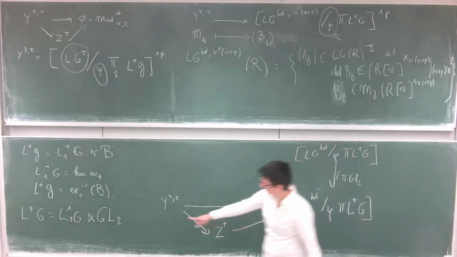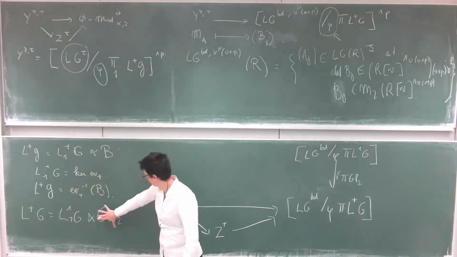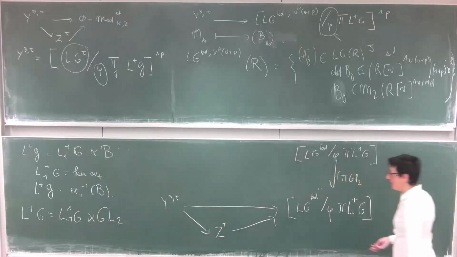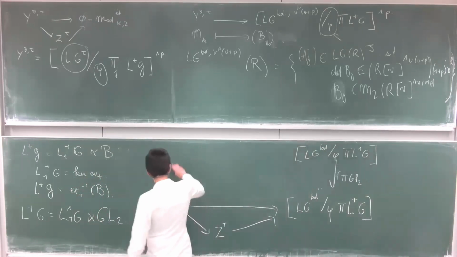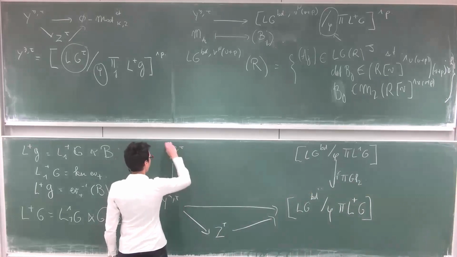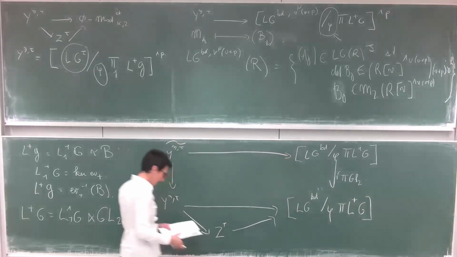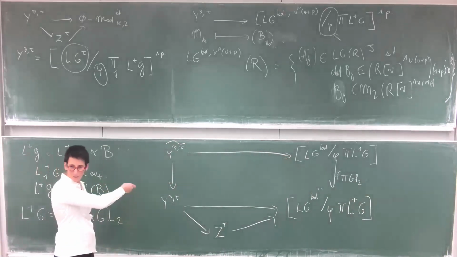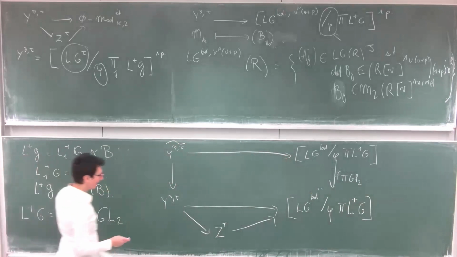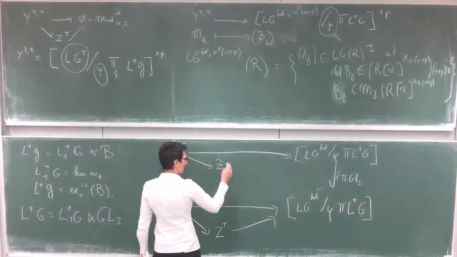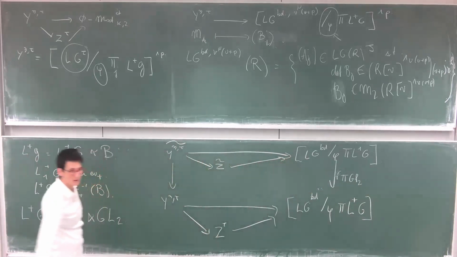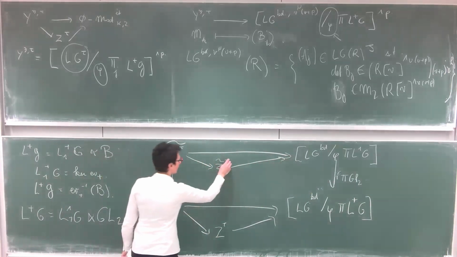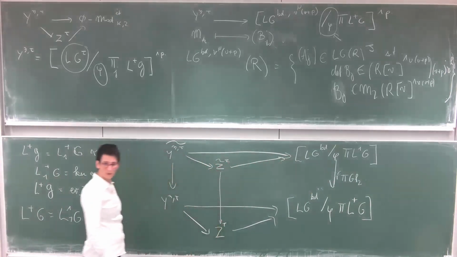You take the quotient by this group. And then you can take the object like that, and then you can take the schematic image of this one, and this is a GL2 torsor over this one.